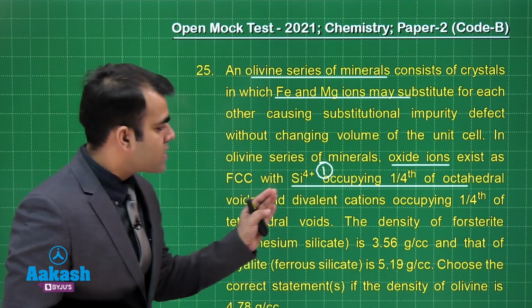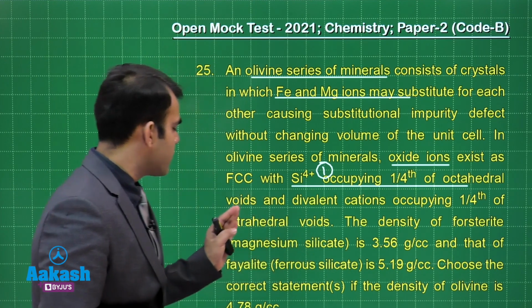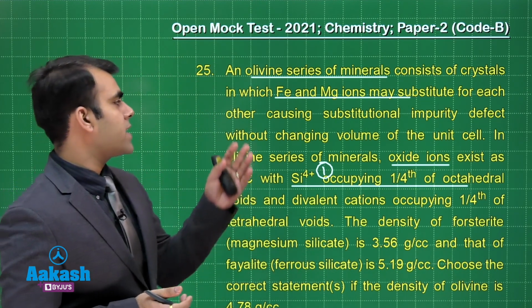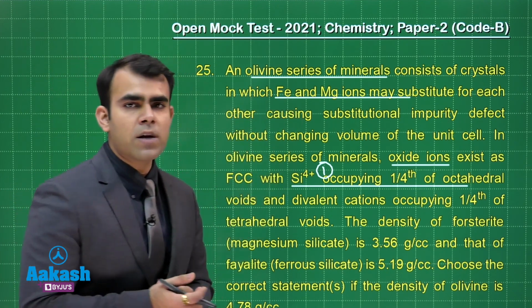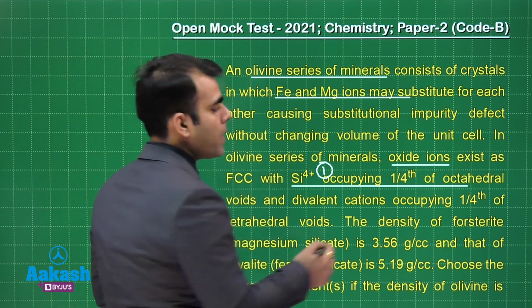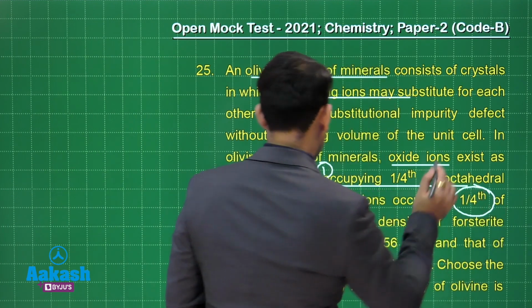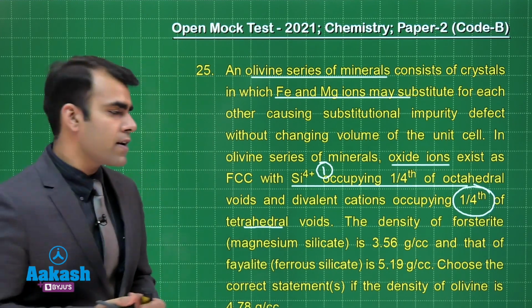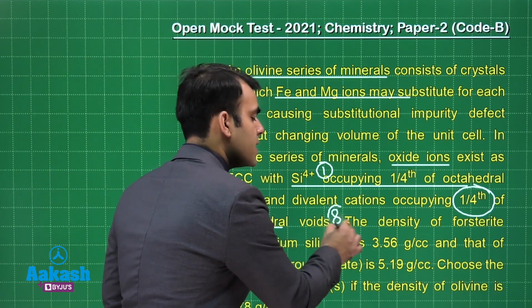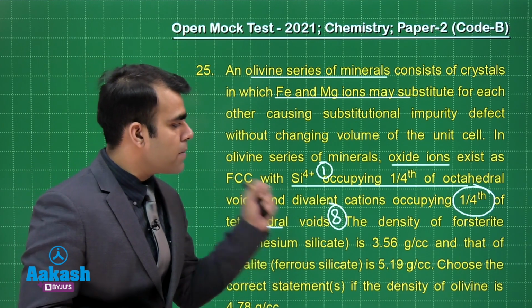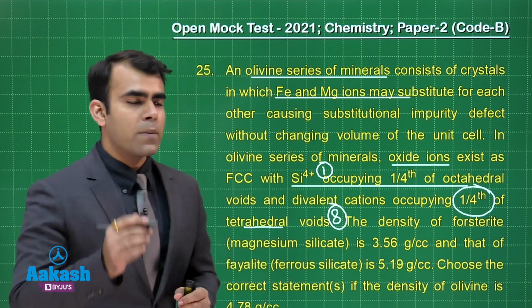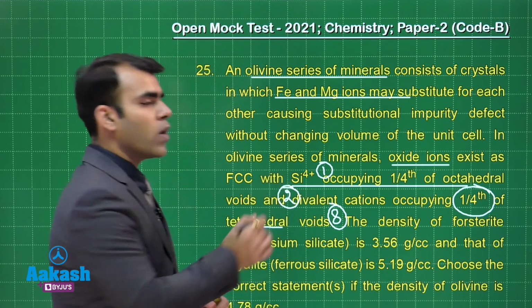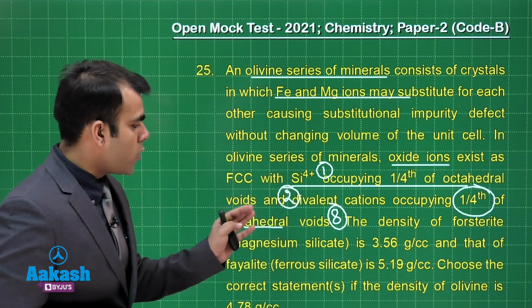Then the divalent cation, for example ferrous ion or magnesium ion, occupies 1/4 of the tetrahedral voids. We know that tetrahedral voids are 8 in number, but we need 1/4, so the total number of divalent cations in the compound is 2. I will show you later also.